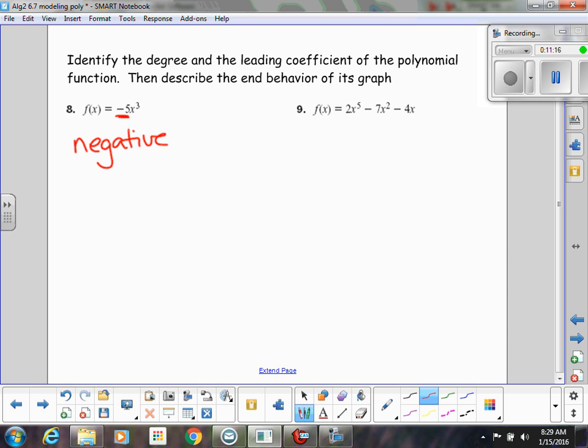So remember, that means that the right end behavior is going to be going downward. And then if we look at the degree, the highest power, here, let me write that this was the lead coefficient.